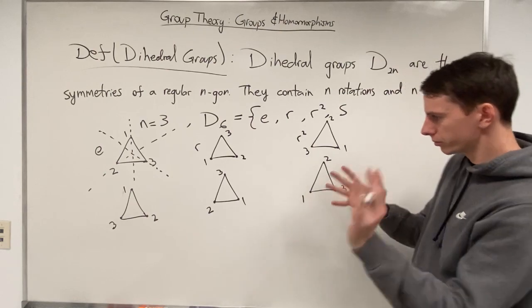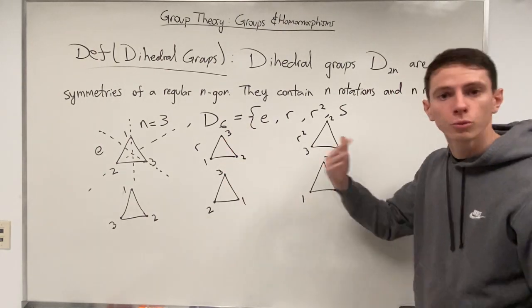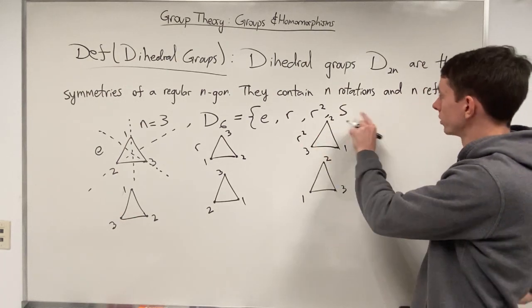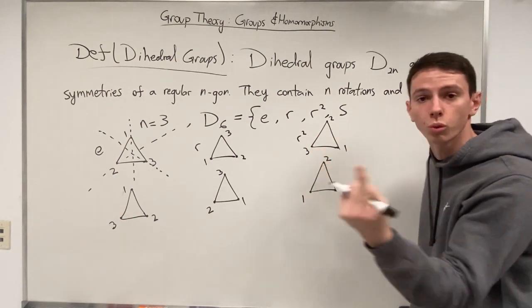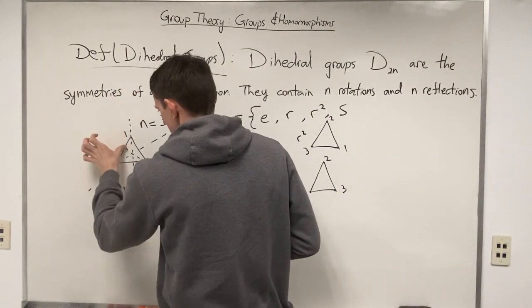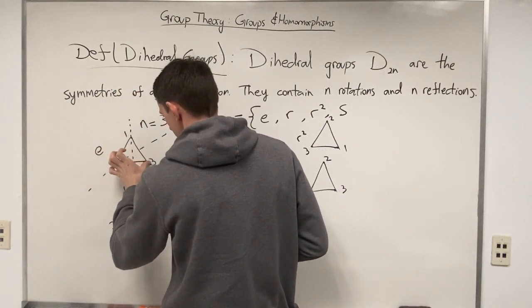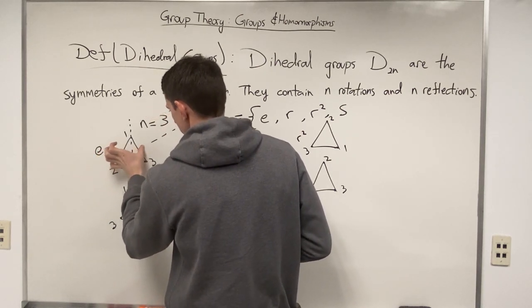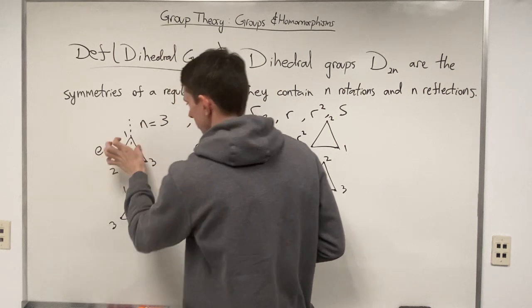Now you might be saying, well, there are three different axes, right? Well, we're just going to pick an axis and see how the rest of the elements can get generated from just one of those axes. Here's what I mean. Let's just pick the axis to be the vertical one, because I think that's probably the easiest to see. So we'll erase these other two dashed lines like this.